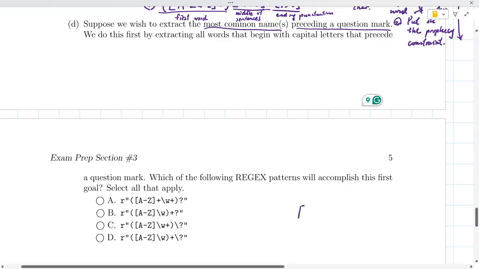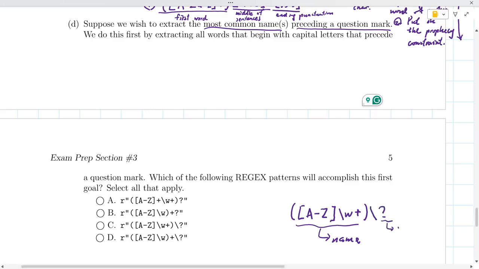So you can have a capital letter, and then you can just use a word character, and then you can have however many characters you want after it, as long as it's not a space or a non-word character. So this is going to constitute a name. And then it precedes a question mark, which means immediately after this, what you capture, because you want to capture a name, you put a question mark.